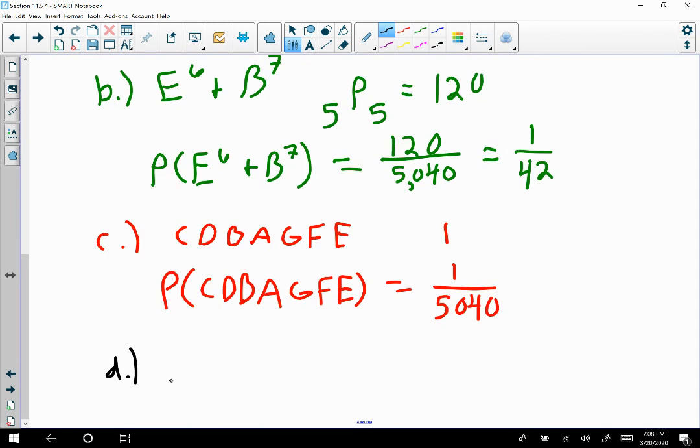So we want F first or G first. So this is just like two separate things. Let's figure out all the ways that F can happen, and then figure out all the ways that G can happen, and we're just going to add them together. This is not a bear problem, okay, because of the word or.